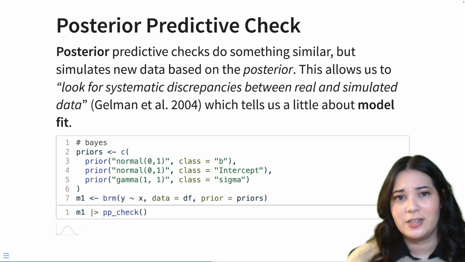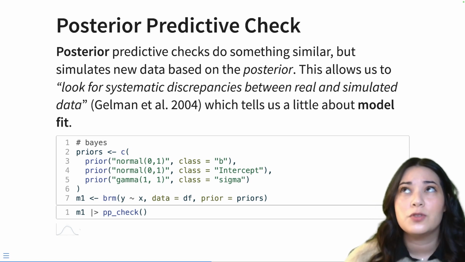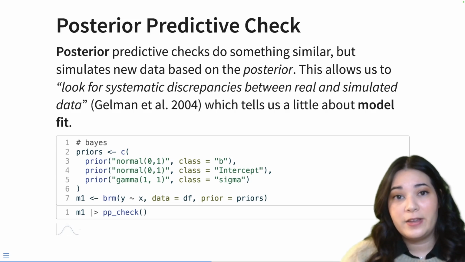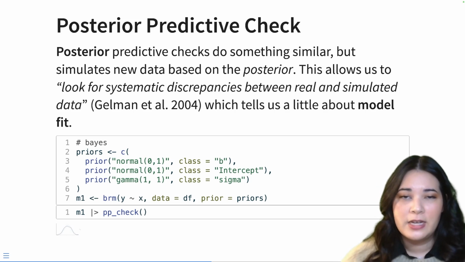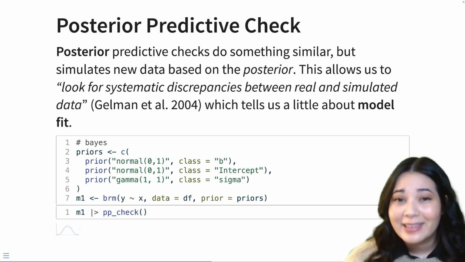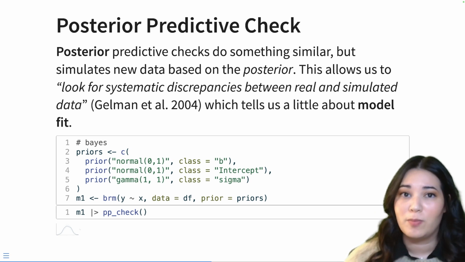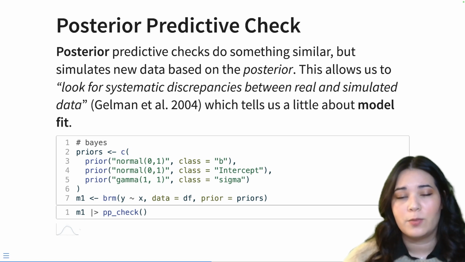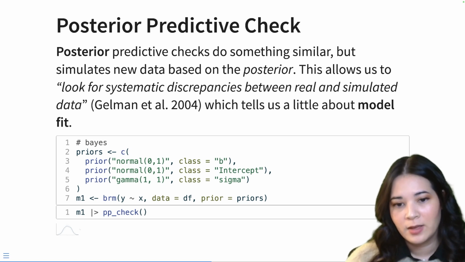If our posterior is generating samples that are super different from the data we've observed, then maybe our model's not a great fit to the data that we've observed. Similarly, if we're seeing generated values that are completely beyond what's reasonable or possible according to our subject matter expertise, we can also pick that up with a posterior predictive check.